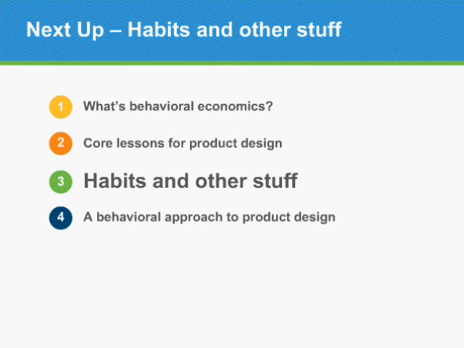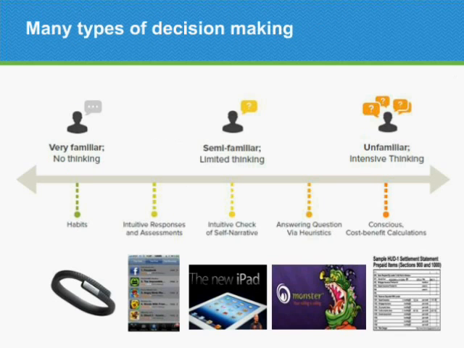So, habits are one type of our decision making. And you can think of our decision making on a continuum. On one extreme, there are unfamiliar situations with really important decisions that prompt us to use a conscious, deliberative process. This happens when people are applying to take out a mortgage, for example, whether online or in person.